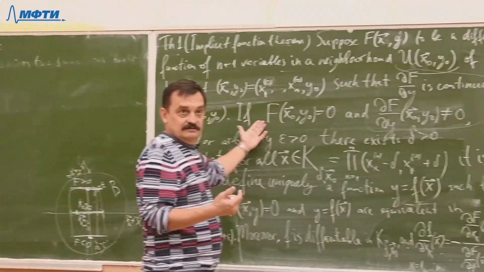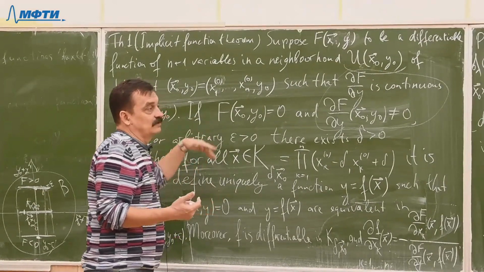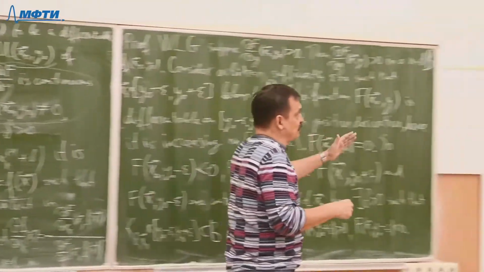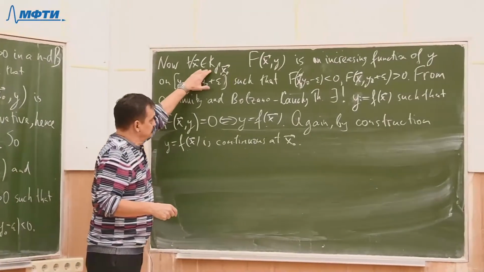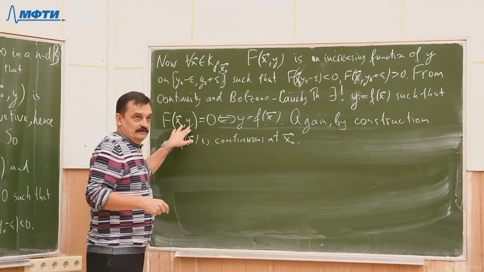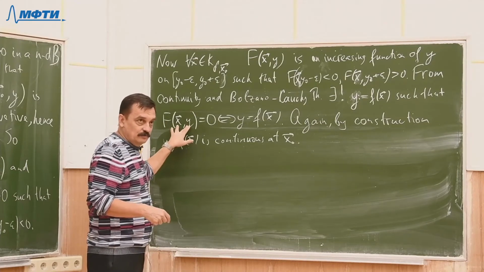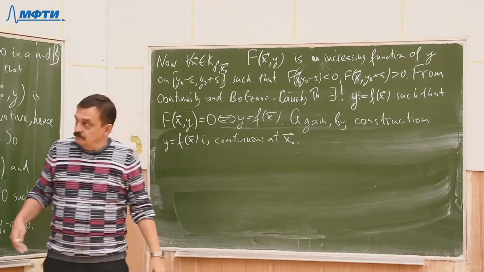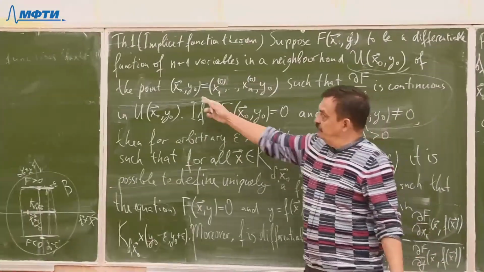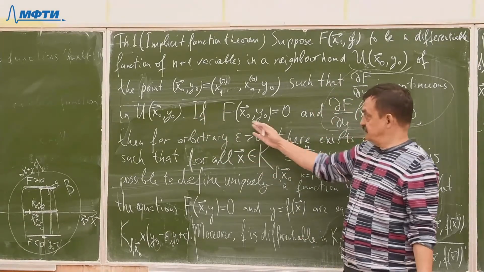So for arbitrary x in our neighborhood, we can find such a y, and for that point x, y, we can think about it instead of x naught, y naught, because everything is satisfied.